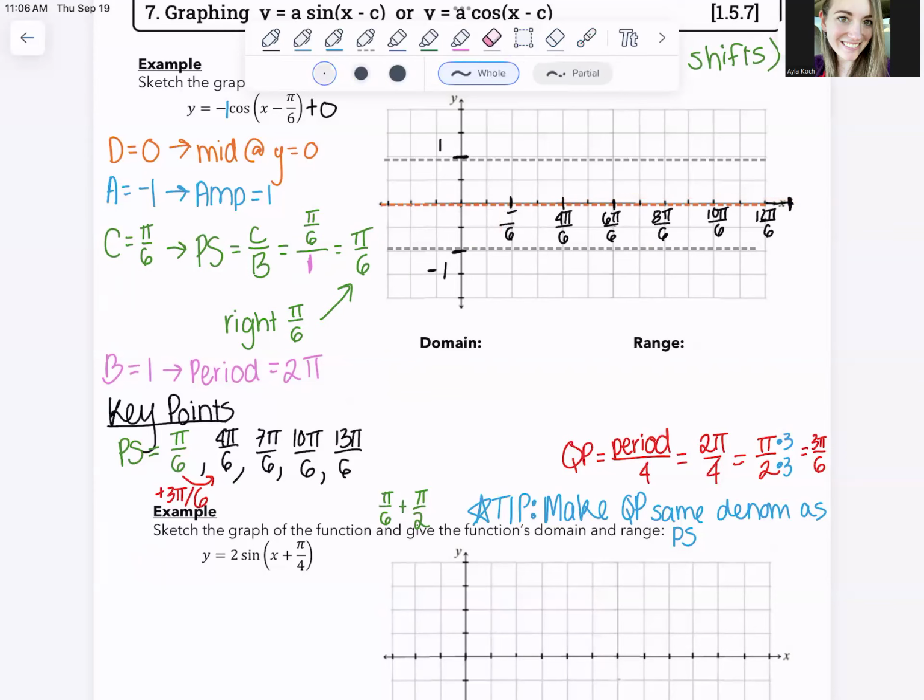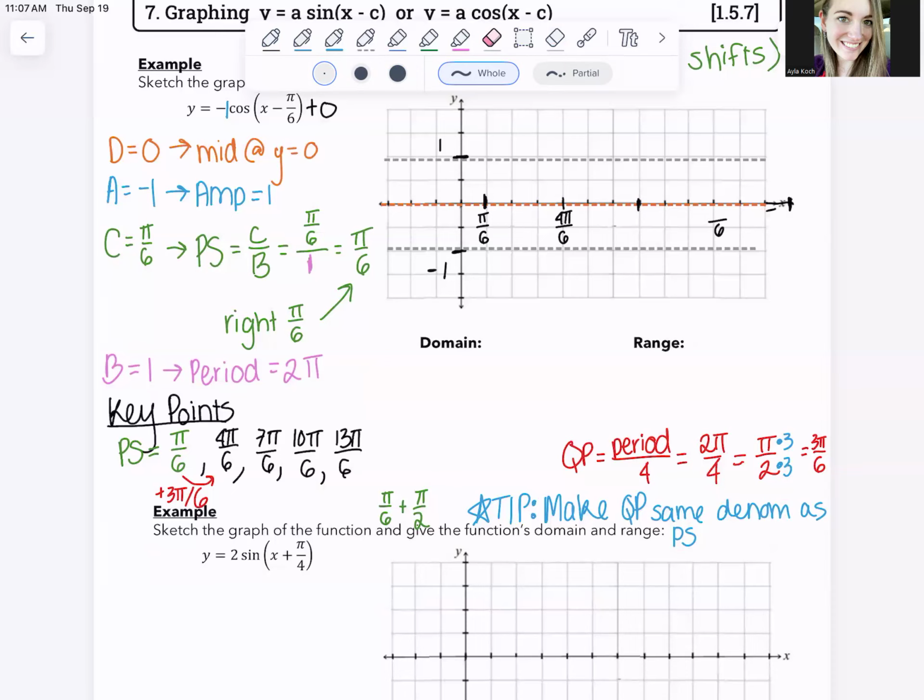So I'll erase him. Pi over 6. The next one's at 4 pi over 6. We already have it. The next one should be at 7 pi over 6. Actually, you know what? I'm just going to erase all of them and come back for it.